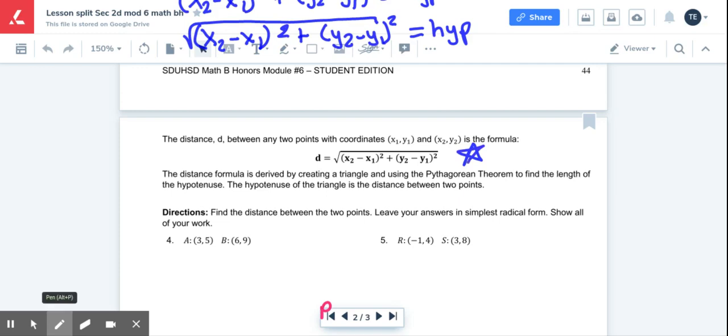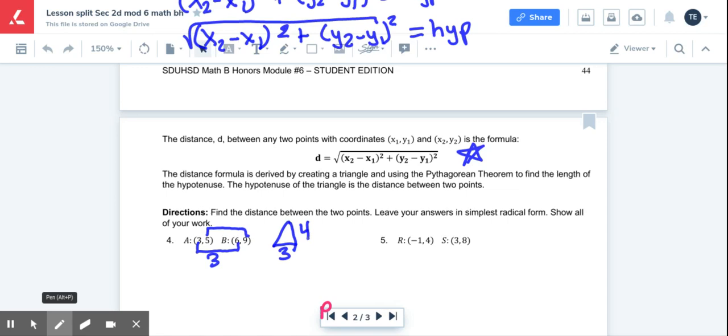Okay, so here, now when I'm doing this, I think of a right triangle. I don't always draw a right triangle, but I'm thinking of a right triangle. So I have to think about the horizontal distance. It went from 3 to 6, so it's going over 3. And the vertical distance went from 5 to 9. So I know this is going up 4.